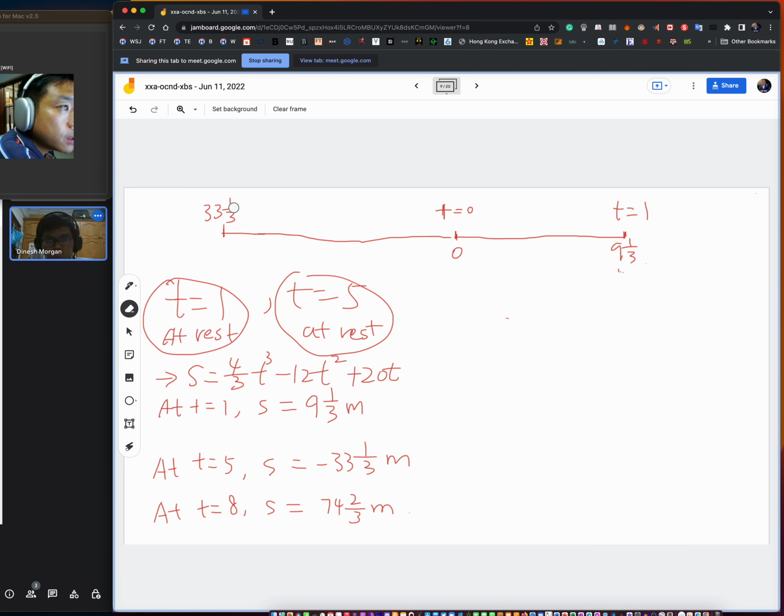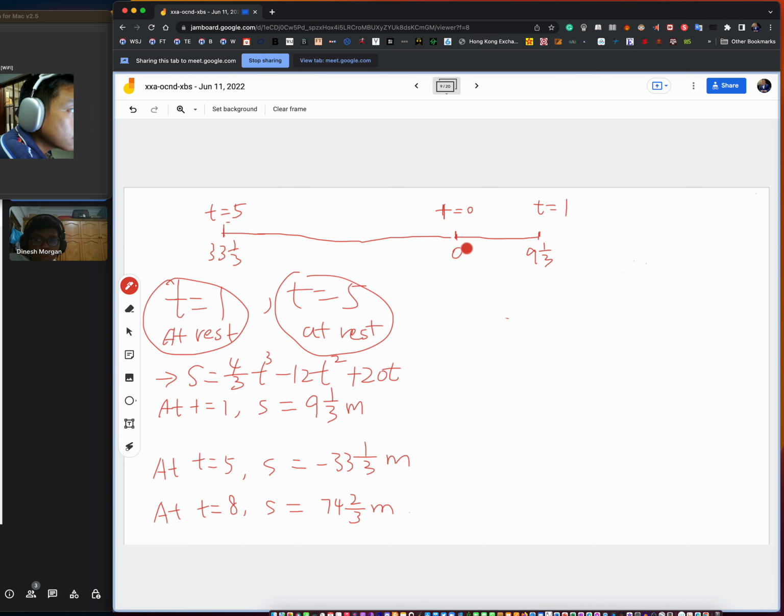Then t equals 8 is so far away, so I need to make this smaller.